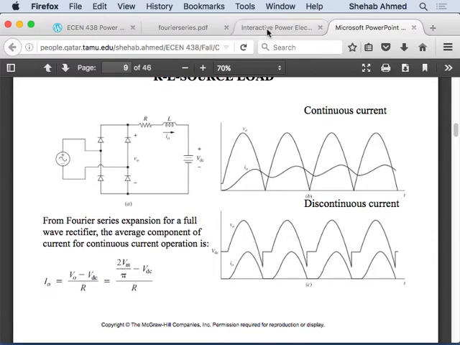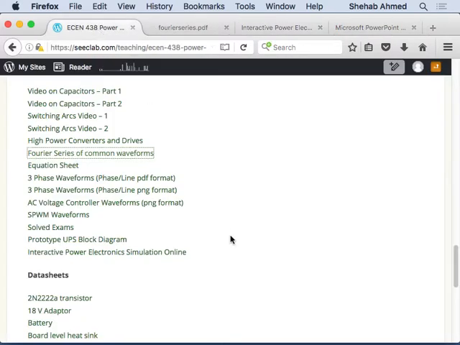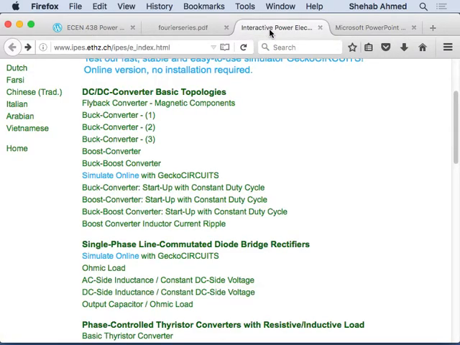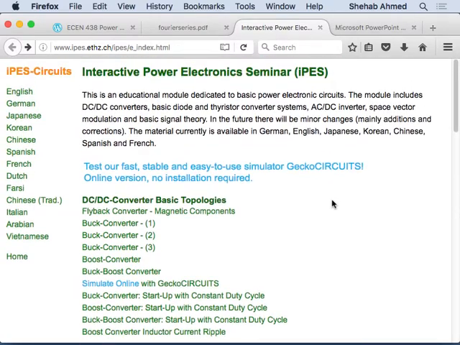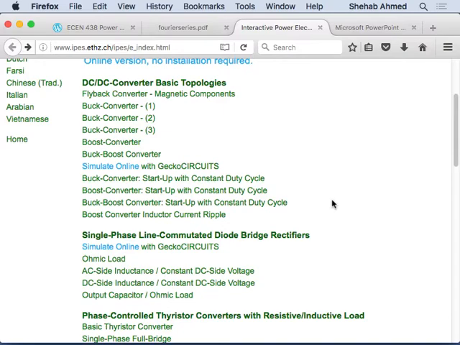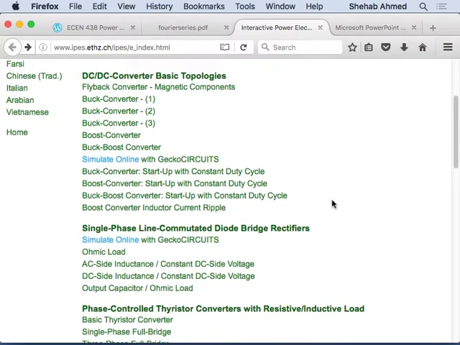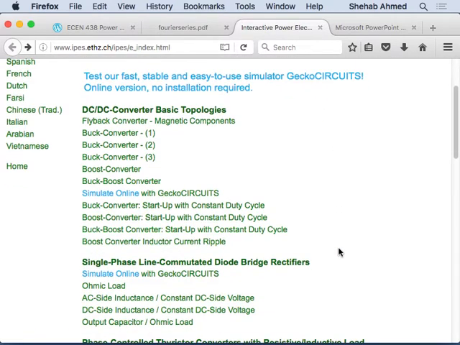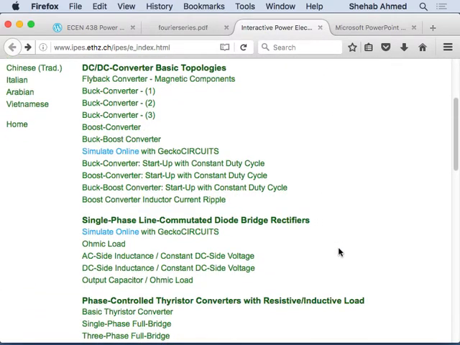Good point, because there's a link that I have on the website called Interactive Power Electronics Simulation. Instead of going and doing a simulation on PSIM or PSPICE, this link helps you understand some of these concepts without having to build a simulation. They simulate it for you. They also have their own free simulator called Gecko circuits, which you can download and use to perform separate circuit simulations.